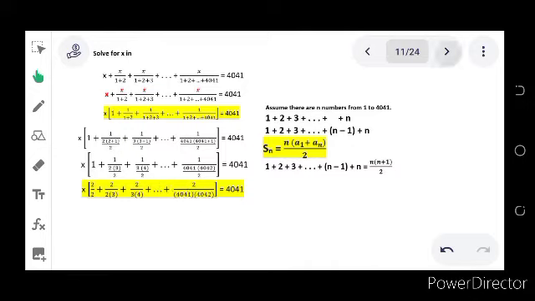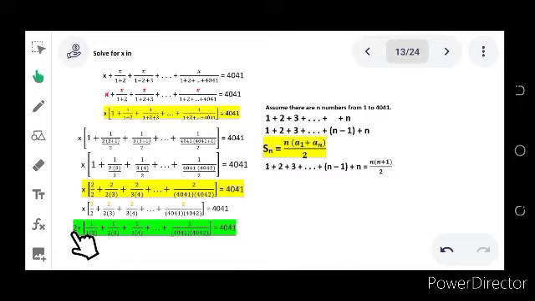So looking at this, 2 is now a factor for each of the terms. Same thing that we did with x, we're going to take it out. So this is now 2x times (1/(1×2) + 1/(2×3) + 1/(3×4) + so on and so forth until 1/(4041×4042)).